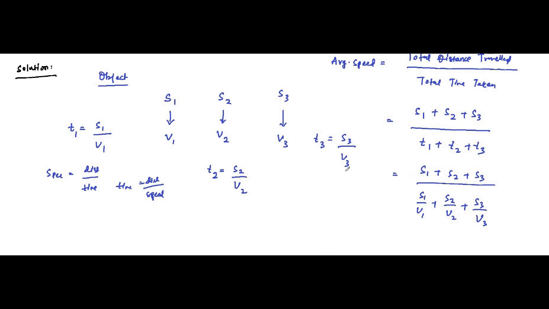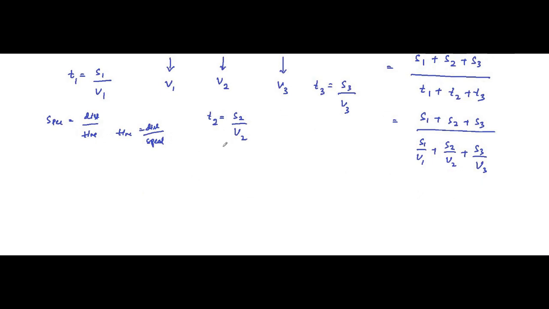So here let's say if it covers n number of unequal distances, then the expression of average speed will be s1 plus s2 plus s3 plus dot dot dot.